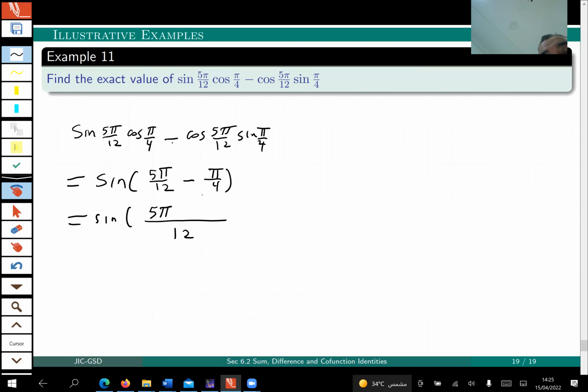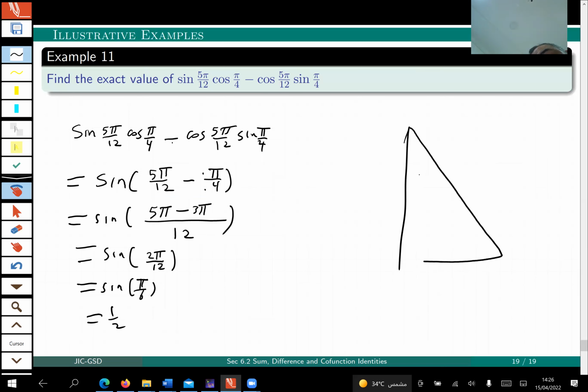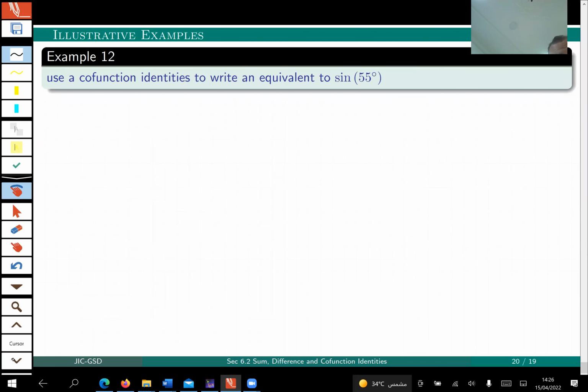So it will be sine of 5 pi over 12 minus 3 pi over 12, which is 2 pi over 12. Simply, it is sine of pi over 6, our famous triangle, which is 1/2.